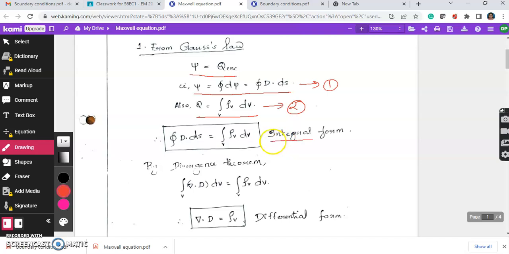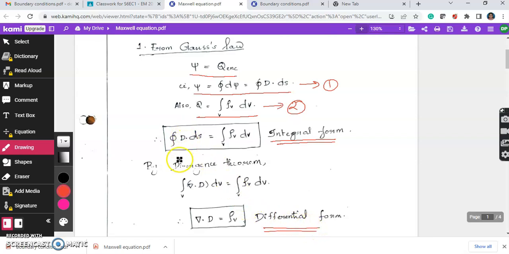This is actually the integral form of Maxwell's equation. And by the divergence theorem, I can write the surface integral D dot ds is equal to the volume integral del dot D dv, which is equal to volume integral rho v dv. That means I can write del dot D is equal to rho v. This is actually the differential form.